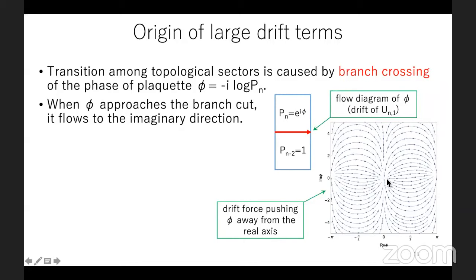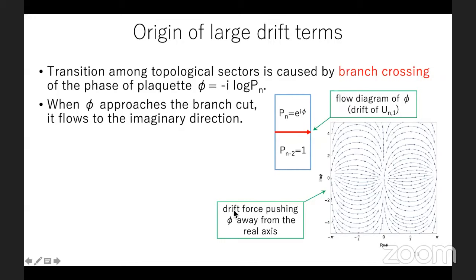This vector field is gathered to the origin. This is actually the effect of the kinetic term. The kinetic term tries to make the bracket close to unity. However, around the branch cut, where the real part of phi is plus or minus pi, there is a flow in the imaginary direction.